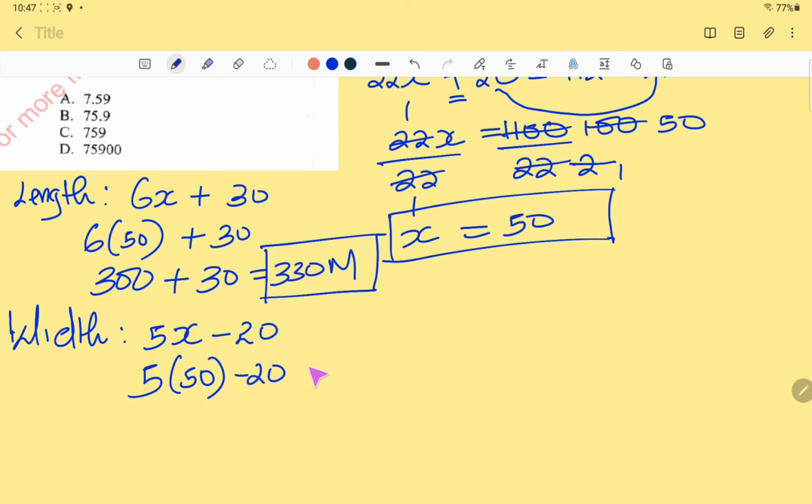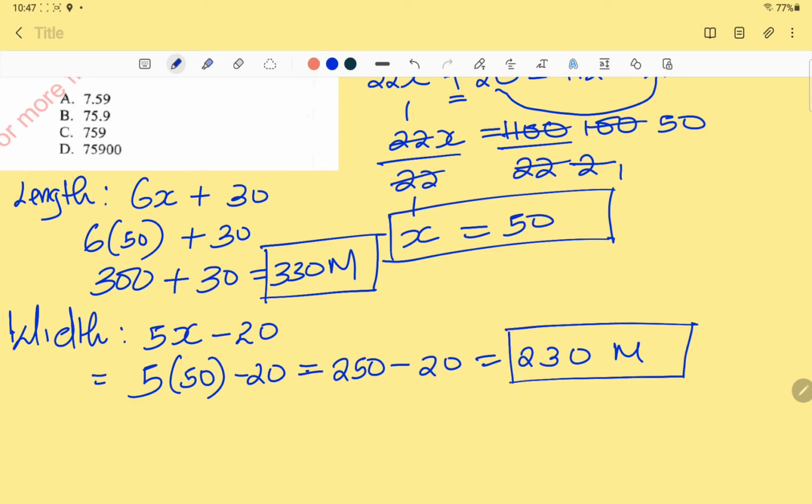This gives us 5 times 50 is 250 minus 20. Okay, this gives us 230 meters. Yeah, 230 meters. So this is the width.